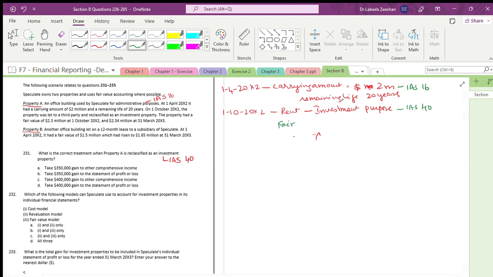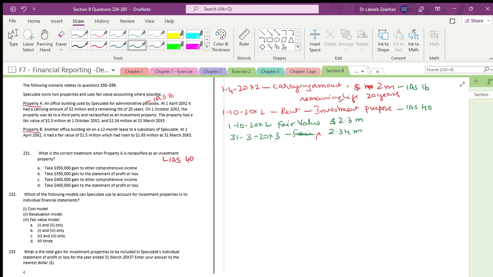Fair value is 2.3 million on 1/10/2002. Then after 6 months, on 31st March 2003, the fair value is how much? 2.34 million.